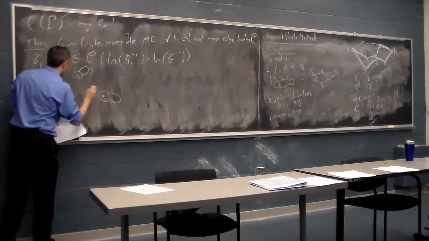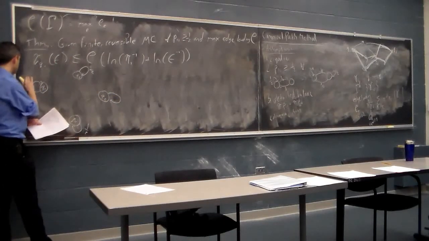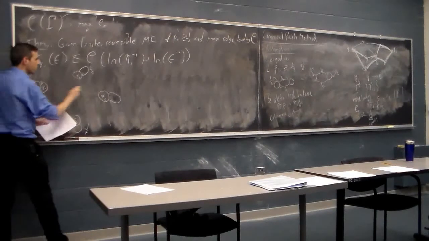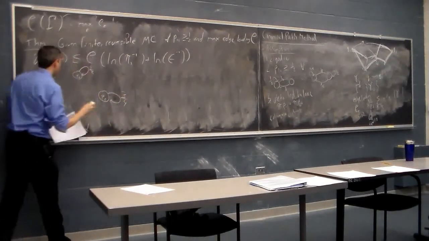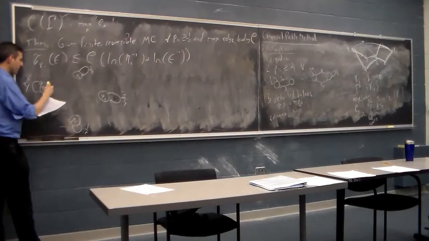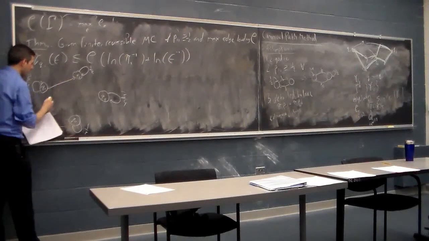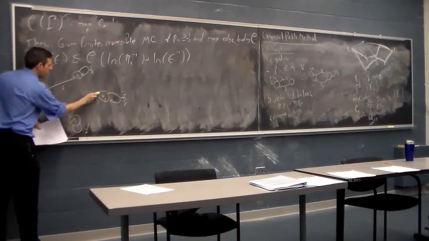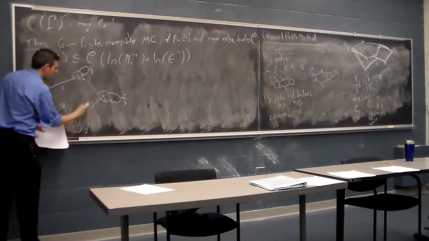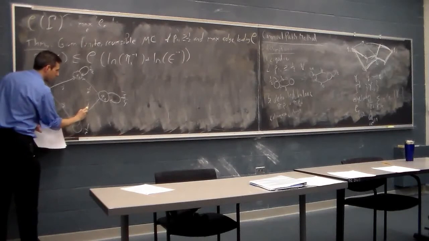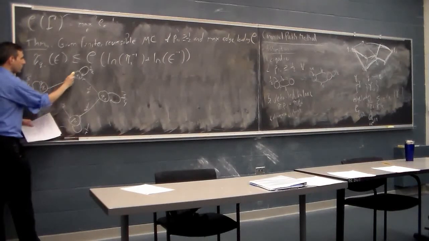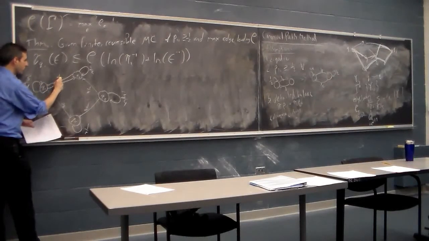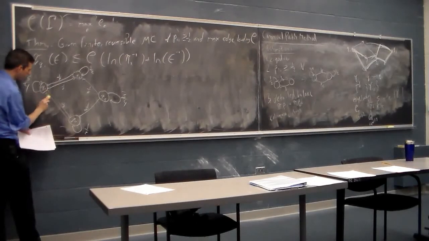Q1, Q3 will have self-transition probabilities of 3/4. And then the edges between them are going to look as follows. So Q1 will have probability 1/8 of going to Q2 or Q4, and likewise Q3 will have probabilities 1/8 of going to Q2 or Q4, and we'll assume that the probabilities in the opposite directions are all 1/4.